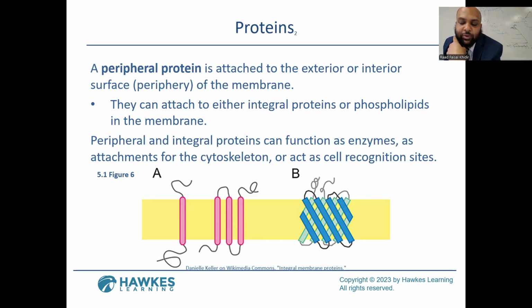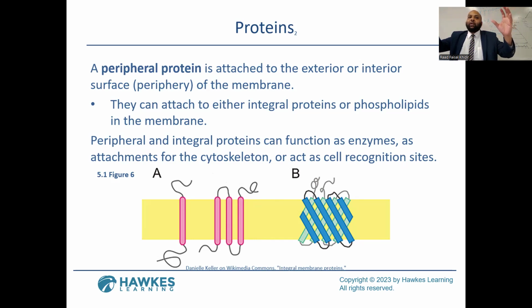Peripheral and integral proteins can function as enzymes, as attachments for the cytoskeleton, or act as cell recognition sites. So you know the binding of the hormone is like a lock and a key, like a ligand.